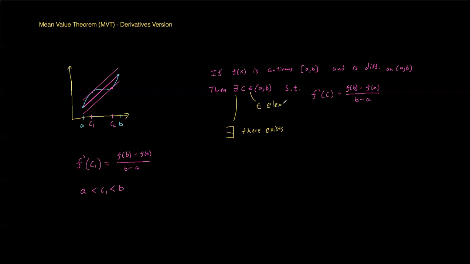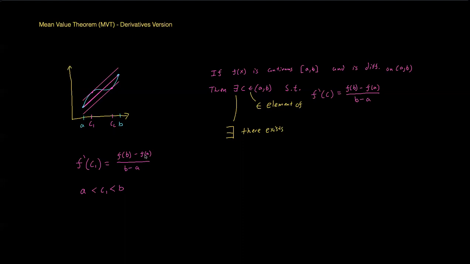So it's just something on this interval, right? And so this is the full statement of the mean value theorem. It is the derivatives version. And this is used quite often.